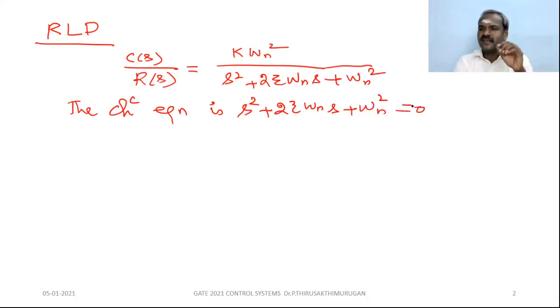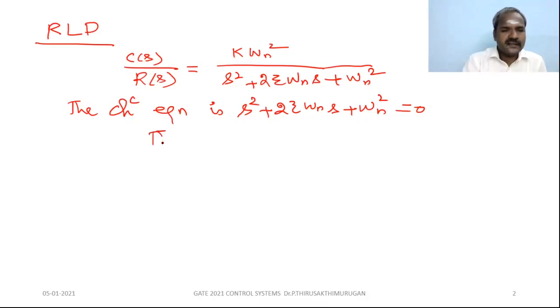So if the coefficients of this characteristic equation change, the roots will change, thus giving a different type of performance. Clear? So the roots of the characteristic equation are the poles of the closed loop transfer function, right?